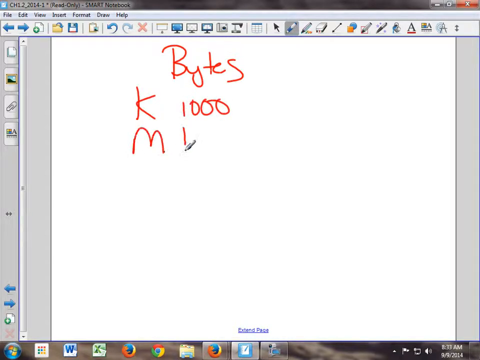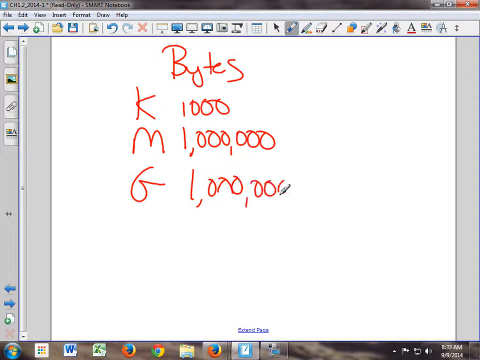Mega is 1,000,000. This will be on the test, by the way. Giga is 1,000,000,000. Tera is 1,000,000,000,000. Okay, so my first hard drive was 40 megabytes.